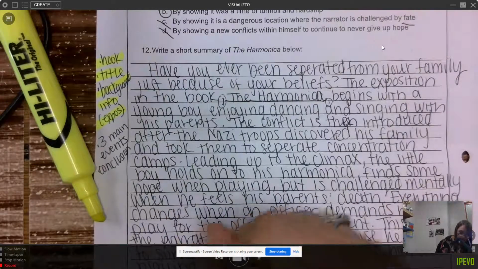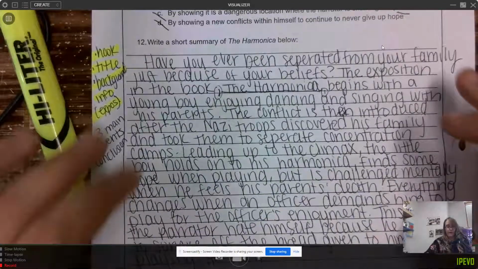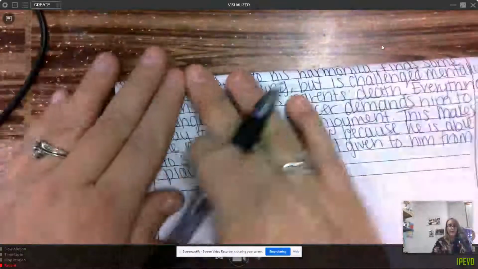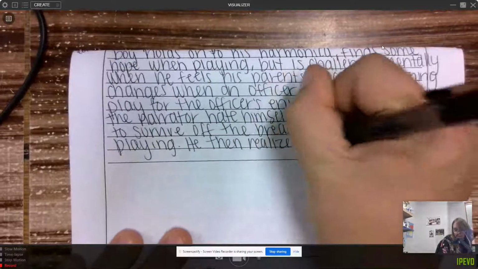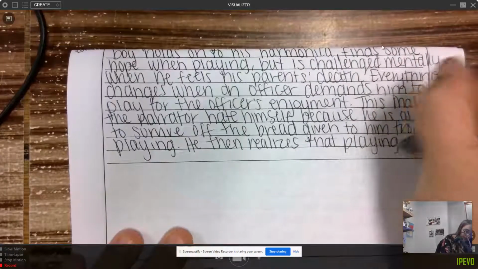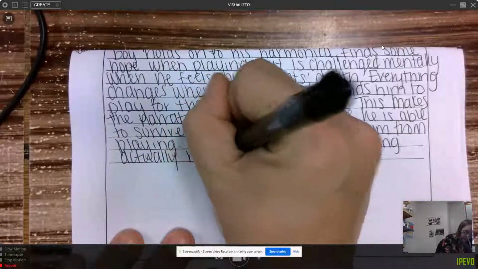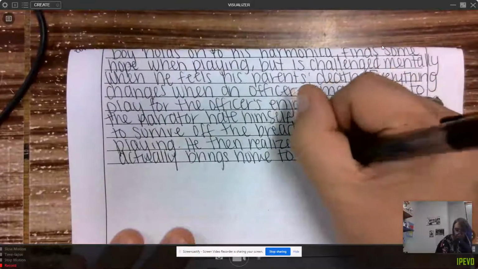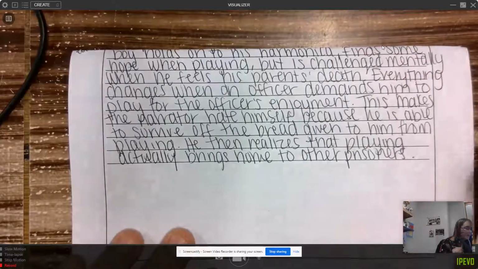He then realizes, and I'm going to go ahead and fold this. I'll put it back up. Don't worry. He then realizes that playing actually brings hope to other prisoners. Okay?